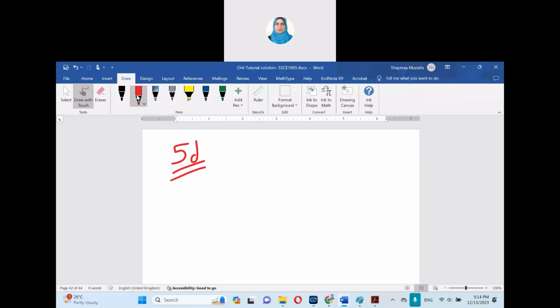Okay, for 5D, you have to integrate x squared over... This is an improper integral from 1 to infinity.